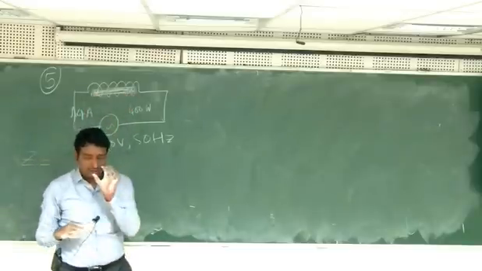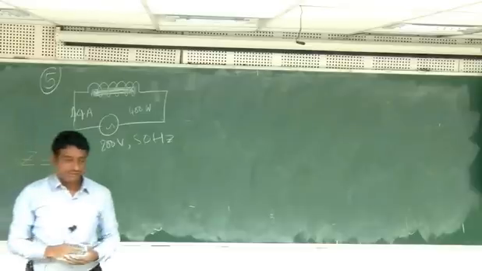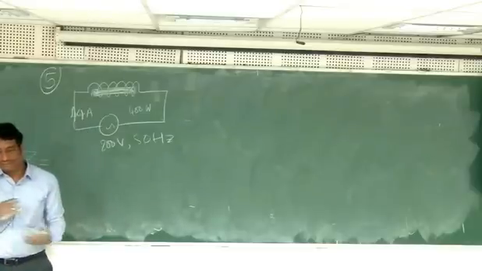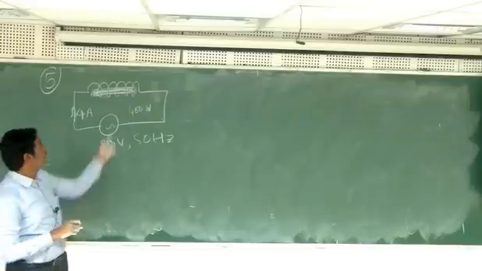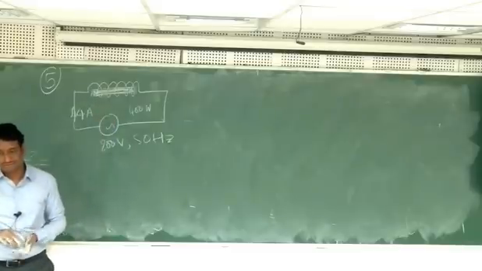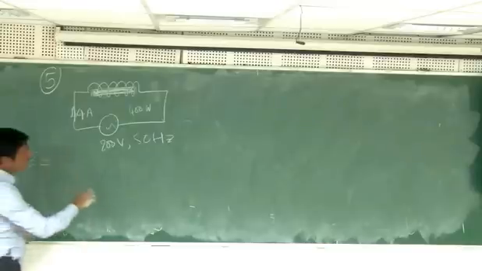So the magnetism of that core keeps on reversing in each cycle. Because of that, this core gets heated. That heating is a loss of energy. So what are these losses? That's called iron losses.